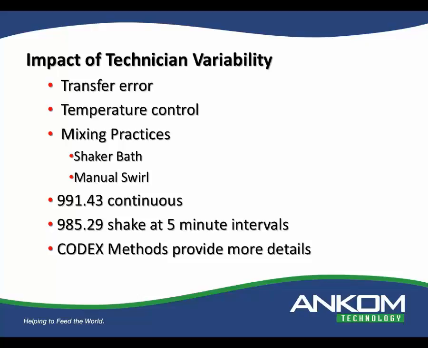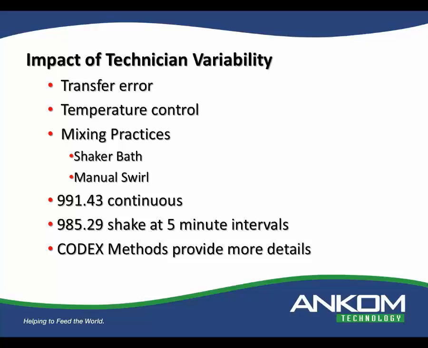In some of the methods, it specifically talks about using a shaker bath. For instance, in 991.43, it talks about continuous agitation in a shaker bath. It does not get too specific in the revolutions per minute, things like that. It just talks about continuous agitation.